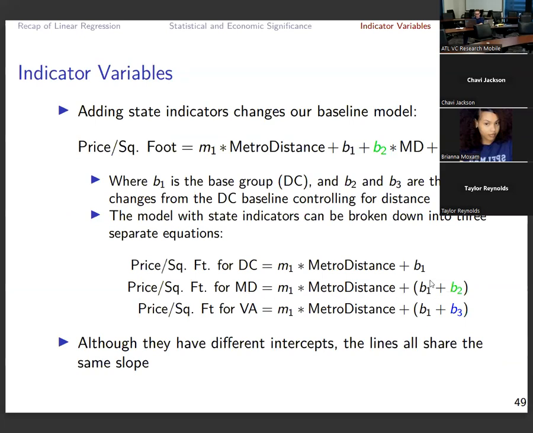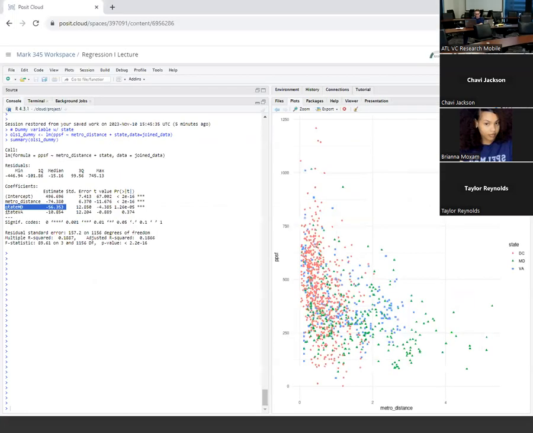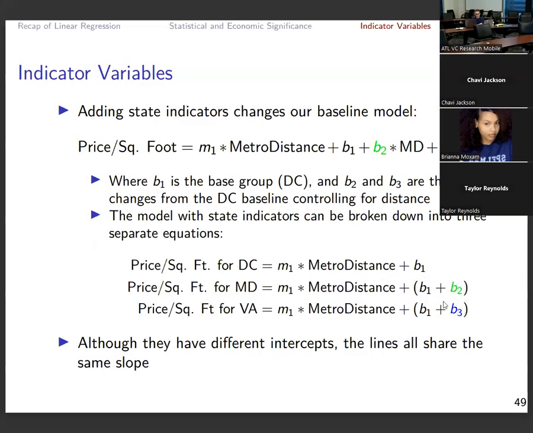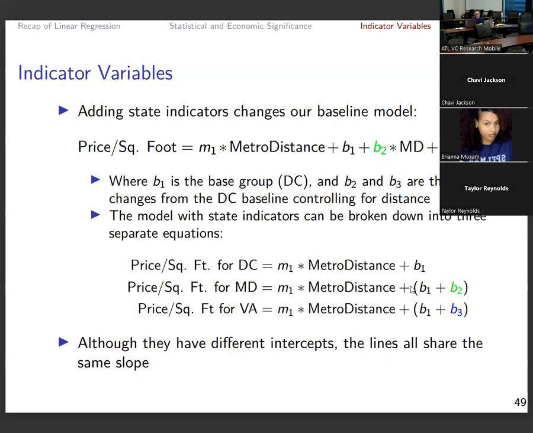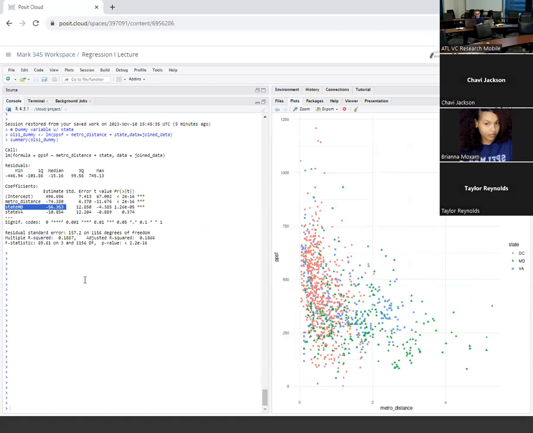The B1 would be the 496, and the B2 is the minus 56. So be positive actually when you calculate it. The estimate would be around 440. Yep.